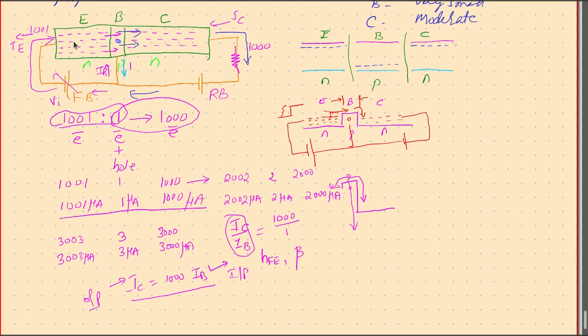So the more Vi, the more current flows at the emitter, the more current at the base, proportionally more current at the collector, and that creates proportionally more voltage here. So this VC is IC into RC.